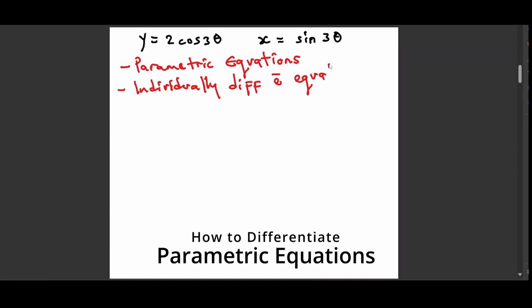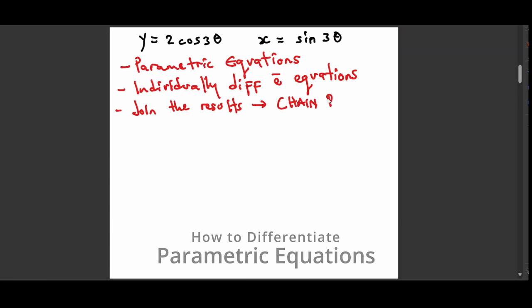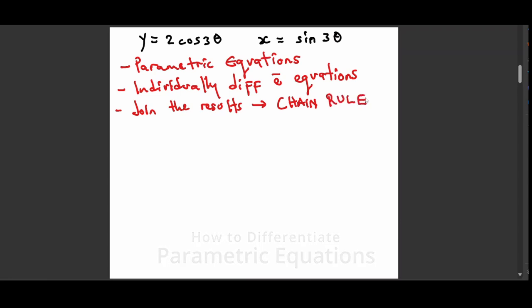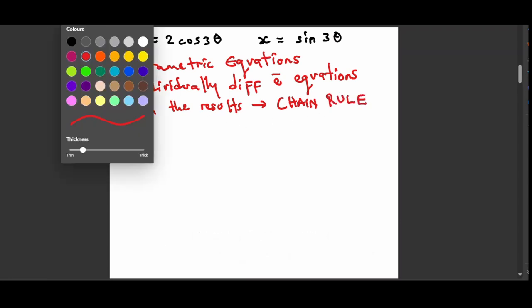Then after individually differentiating the two equations, we join the results using what is called the chain rule. So let us demonstrate what we mean.